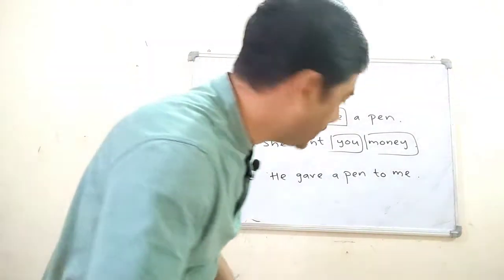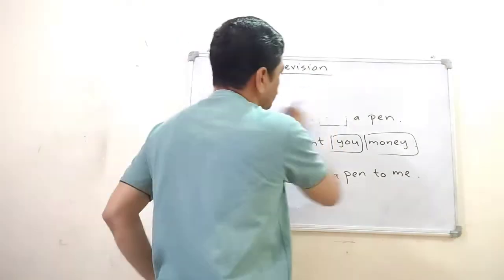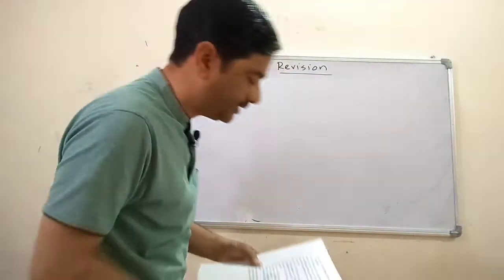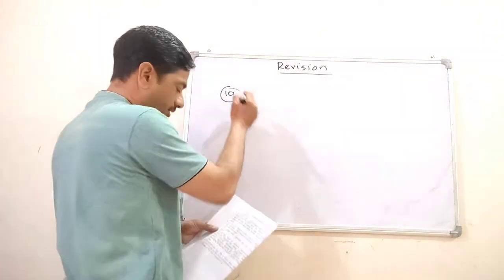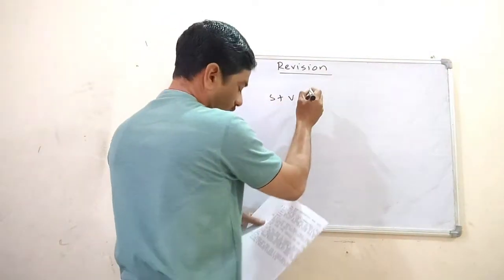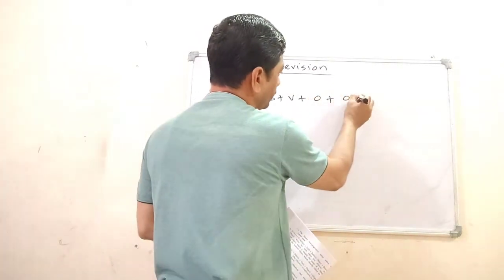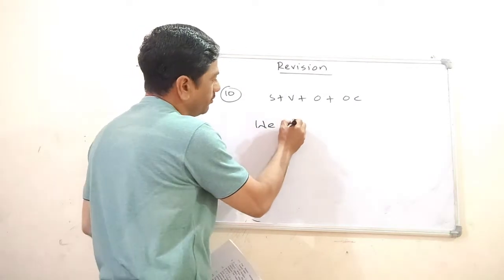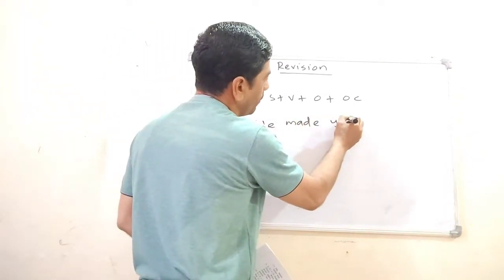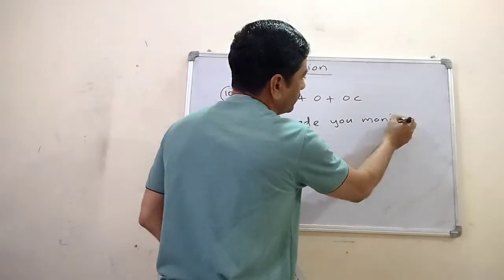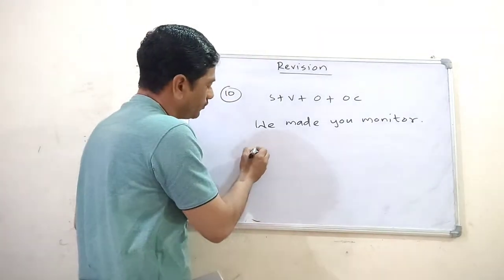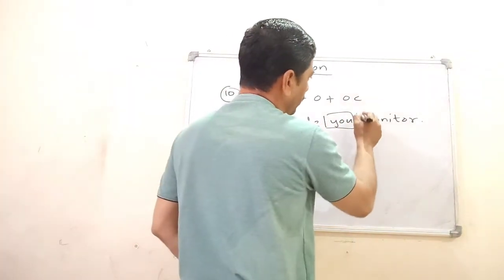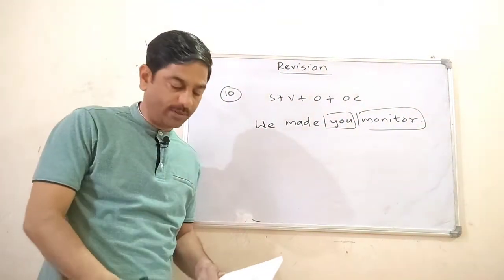Then we studied another structure. See, this is a revision lesson. We studied one more structure, that is S plus V plus O plus OC. We made you monitor. So here in this sentence, you is object and monitor is object complement.